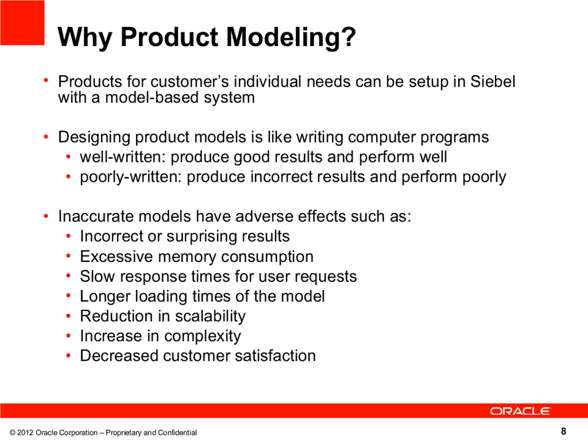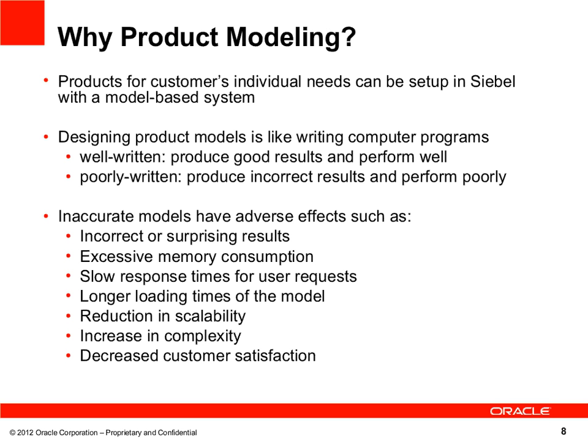You can have a well-written program or a well-designed model, then it usually produces good results and performs well. And you can have a poorly written program or a model, then it could still produce correct results, but it could behave inconsistently, it could perform poorly, it could create maintenance costs, and so on.